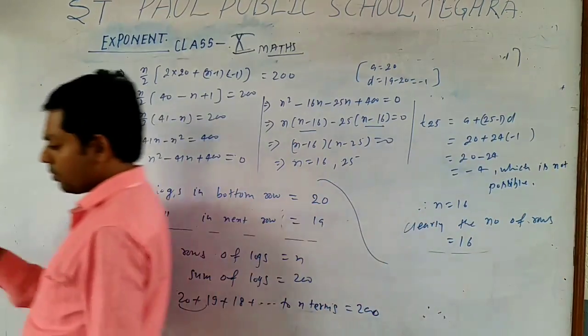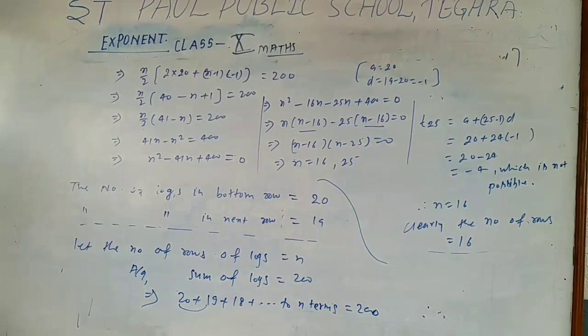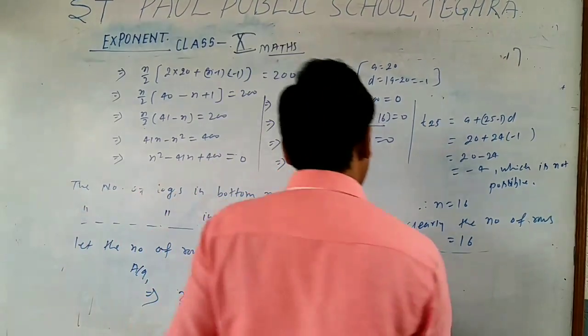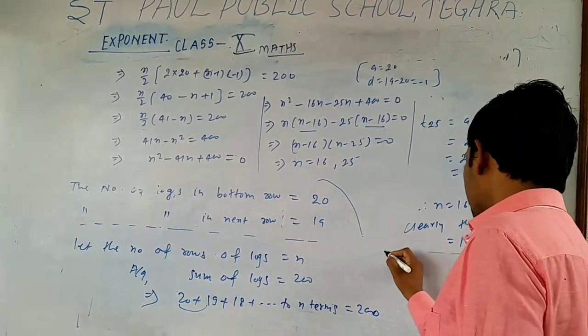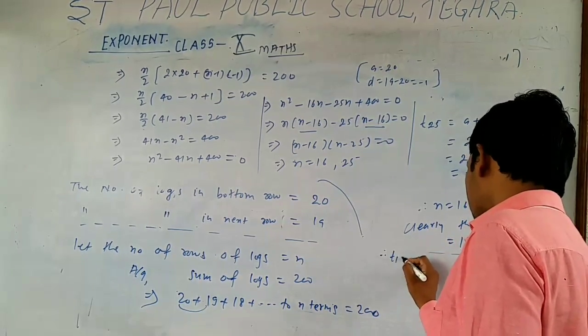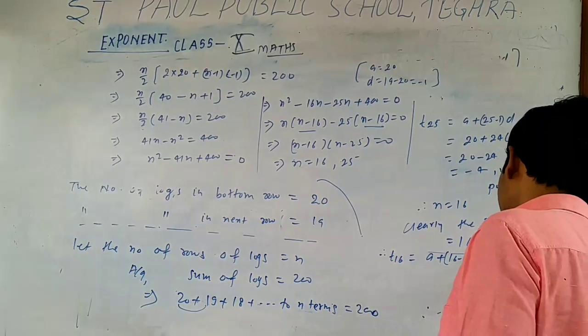In the next part of the question, we have to find the number of logs in the 16th row, that is T16 equal to a plus 16 minus 1 into d.